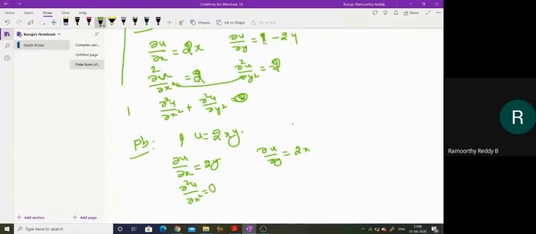What is dou square u by dou y square? Which is 0. So dou square u by dou x square plus dou square u by dou y square is 0. So we say that the function is harmonic function. Is it clear?